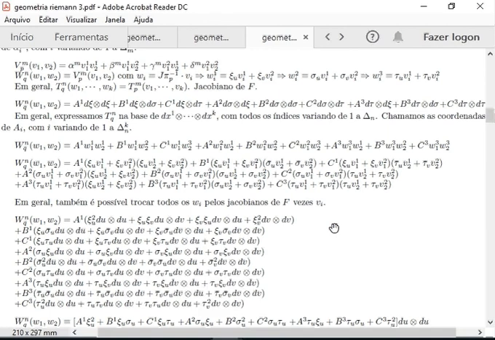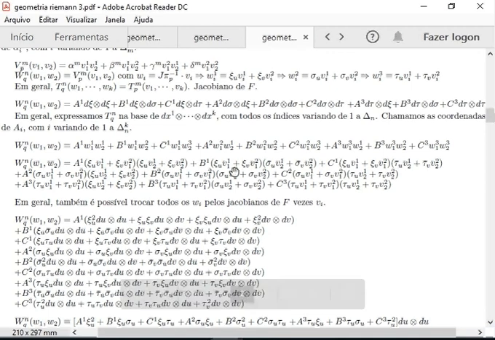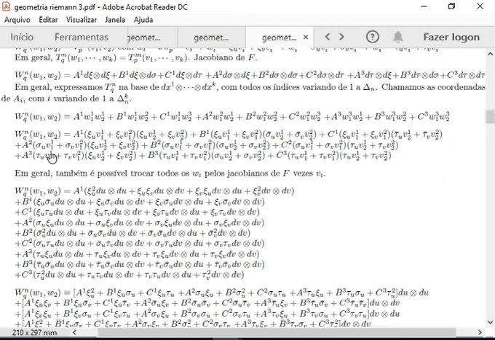The long line: A1 xu xv xu xv, b1 xu xv sigma u sigma v, c1 xu xv tau u tau v, plus ... c3 tau u v11, tau v v12, tau u v21, tau v v22.